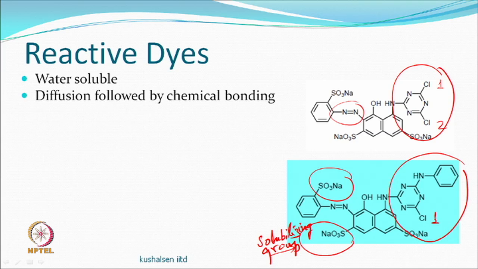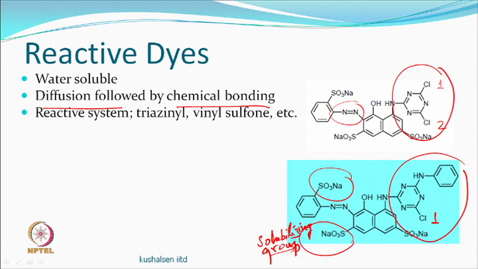So, initially, whether in dyeing or printing, we would like first the diffusion to take place inside the fiber, and then chemical bonding, which obviously we believe is a covalent bonding that will take place. So, this is true that we must make sure that this happens.